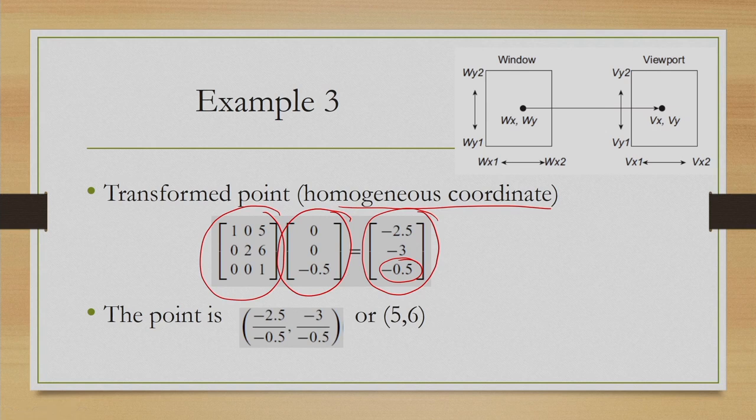So, we have to divide these values with the homogeneous factor as shown here and here, which eventually gives us the point 5, 6. So, this will be our transformed point after we apply window to viewport transformation. This is how we get a transformed point in the viewport.